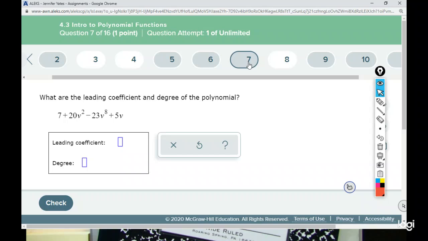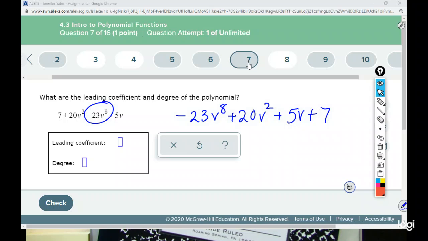Okay, you've seen this before. It was a year ago. And once I remind you how this works, it's no big deal. Put it in descending order. Okay, so what is the term with the biggest exponent? That. Now, you're going to just do this in your head. But because the video camera can't see in my head or your head, I'm going to write it out.